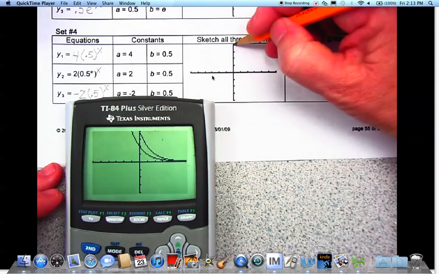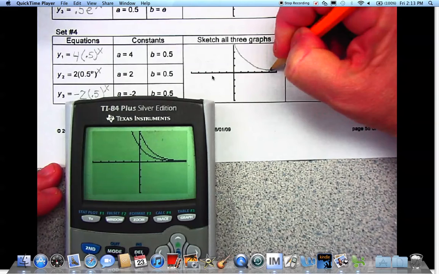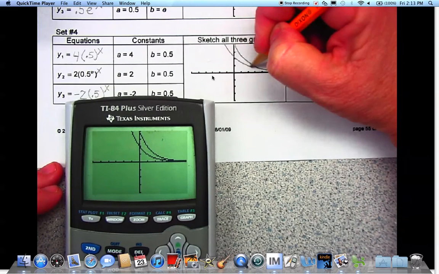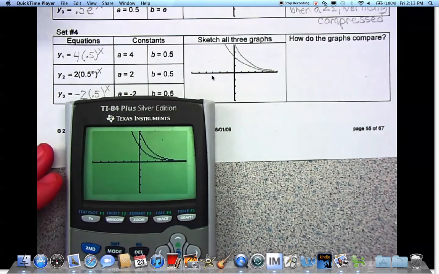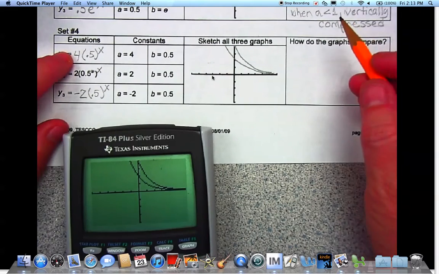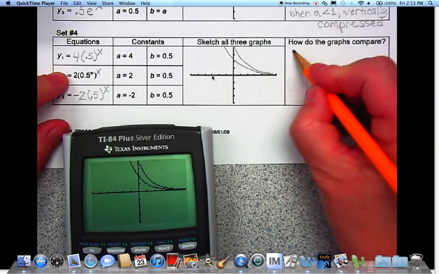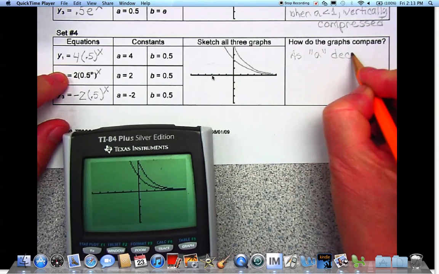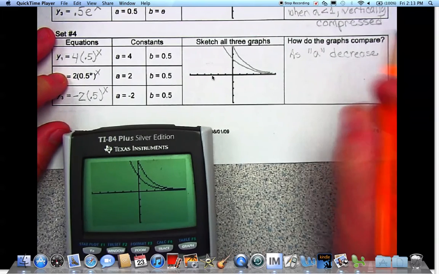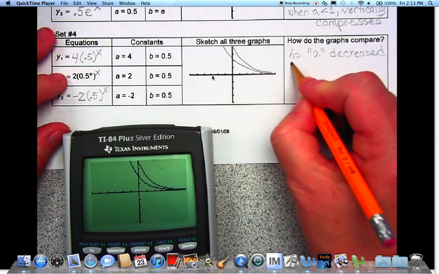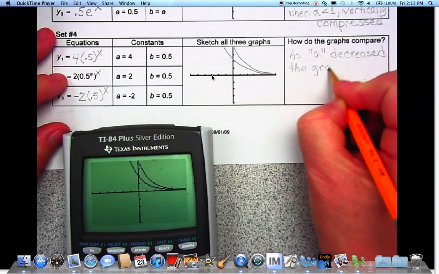And it looks like it starts up here at 4 and then goes down, and then it goes through 2. Doesn't it? Okay, so what happened as A decreased, what happened to the graph? Wider. Let's say the graph vertically compressed.